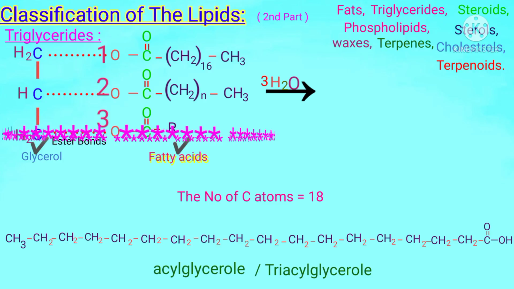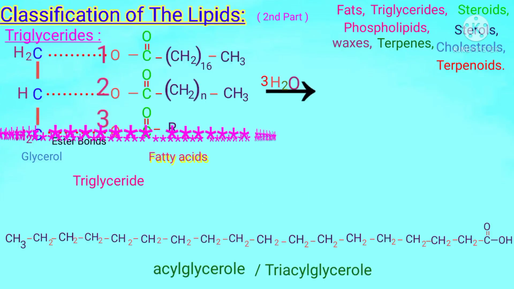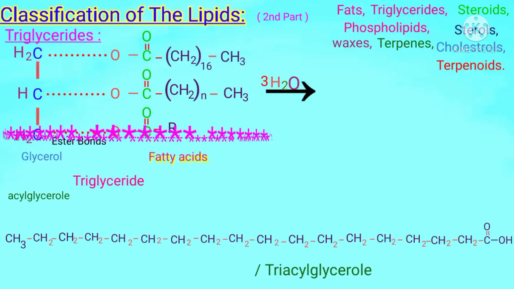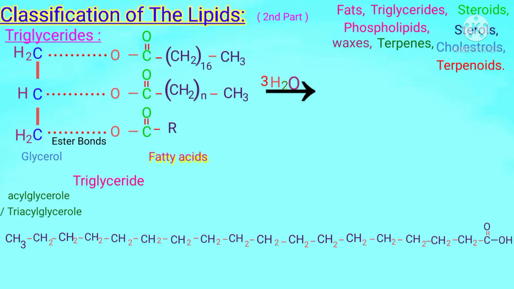So students, this whole new compound which has formed is called a triglyceride. It is also called acylglycerol or triacylglycerol. That is a lipid, a very well-known lipid, because students, while studying lipids, first of all, this basic concept of triglyceride is essential to understand.